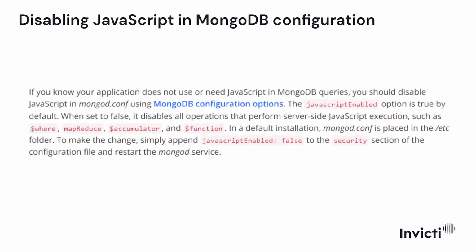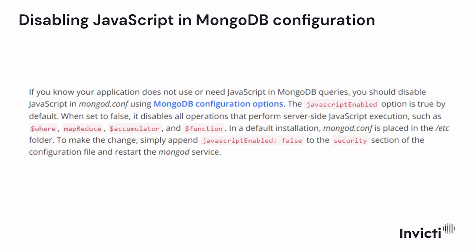So this brings us to our next mitigation that we talked about before. You may be wondering how you can disable JavaScript. It's relatively simple. There's a configuration file named mongodb.conf, and in it, you can set the javascriptEnabled option to false.